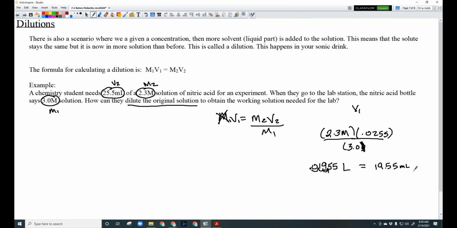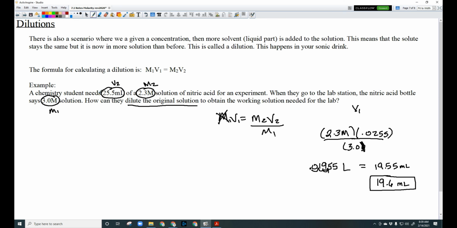We have 2 sig figs here, so we're going to need 19.6 milliliters. That is our answer. We want 25.5 milliliters total, so we're going to use 19.6 milliliters of this 3 molar solution and the rest water.